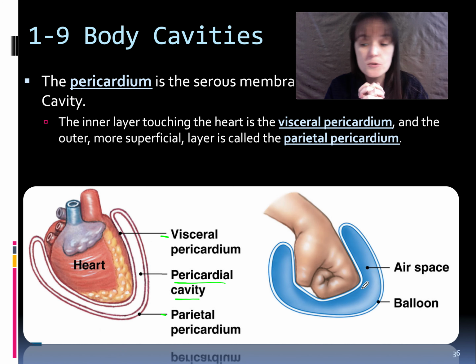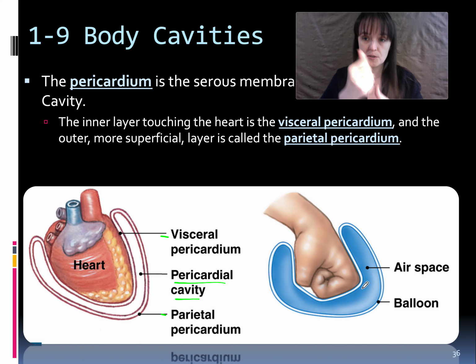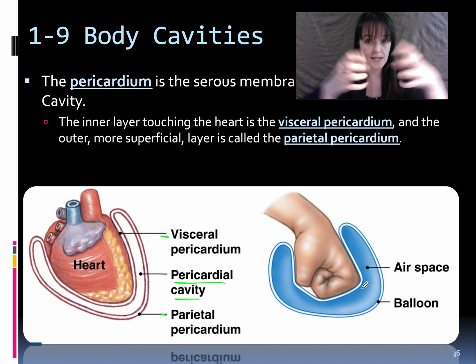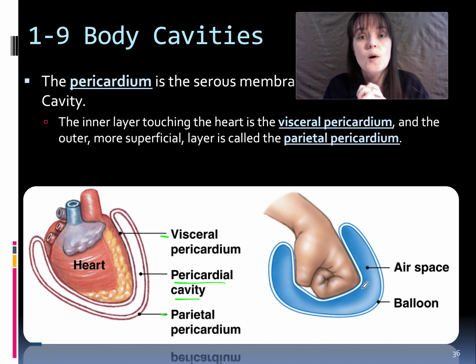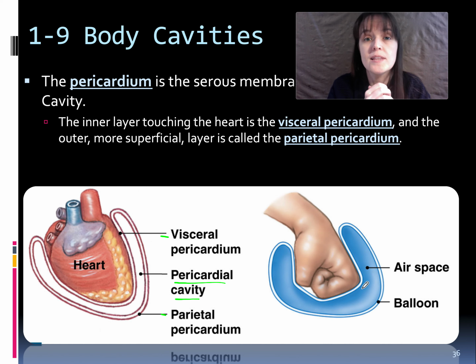And so the solution here is a double-layered membrane with a fluid in between, a lubricant fluid in the pericardium, in the serous cavities. And that allows the heart to beat and the lungs to inflate and deflate and everything to move against each other with a slick and smooth surface with a lubricant fluid in between.